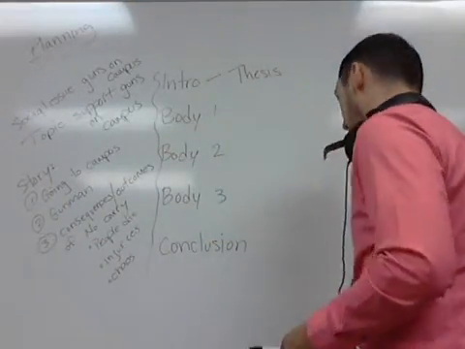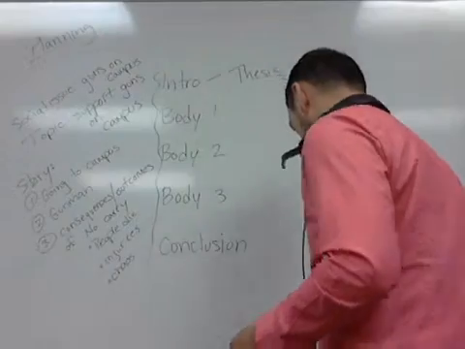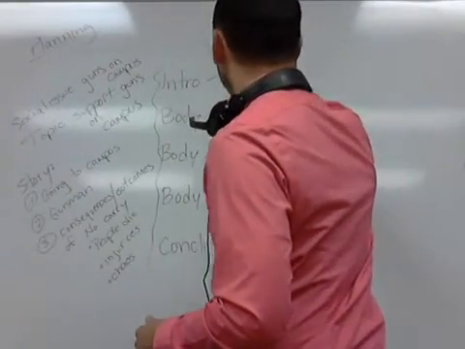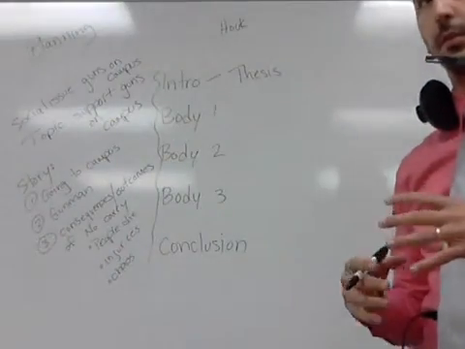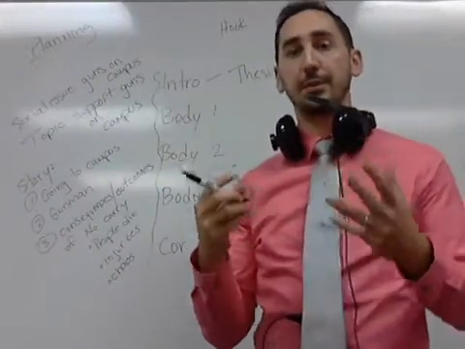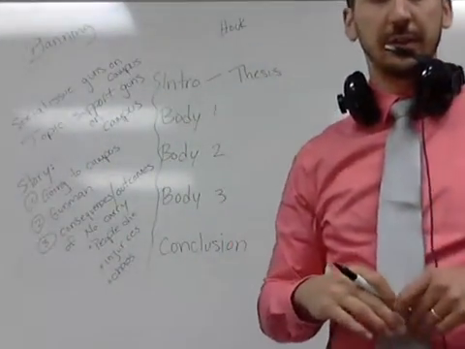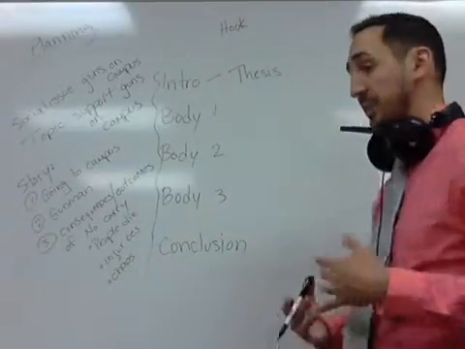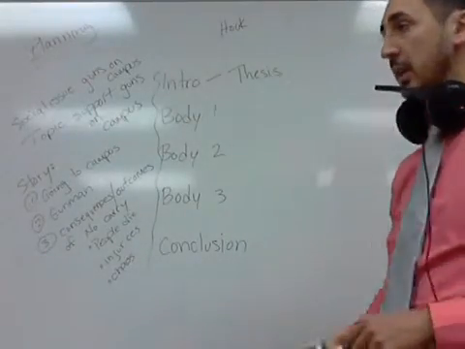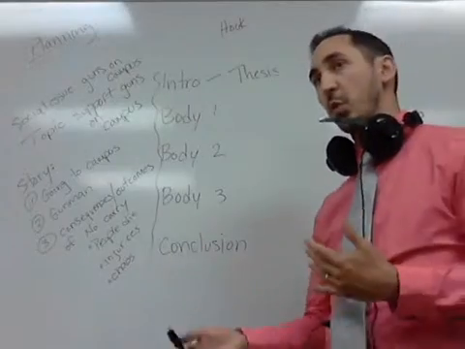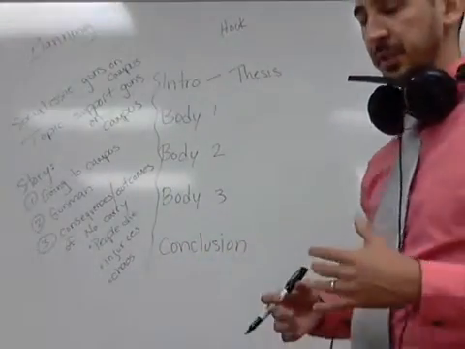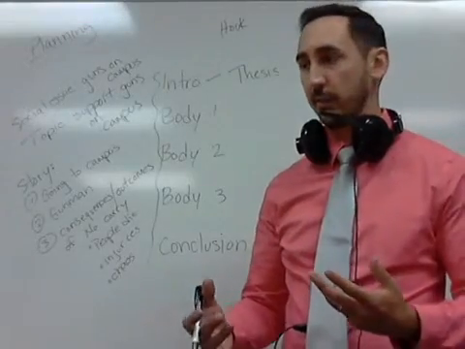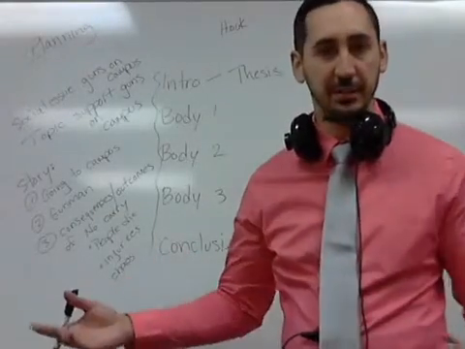Whenever I say that, though, I should probably notate that the very first sentence is going to be your hook. The hook is the part that gathers all the interest of the paper. You want to say something interesting about school shootings. You can ask a question. Some people use quotes. I typically try and stay away from quotes in the introduction because if you start off with a quote, then the whole paper seems like it's going to be about someone else's information.